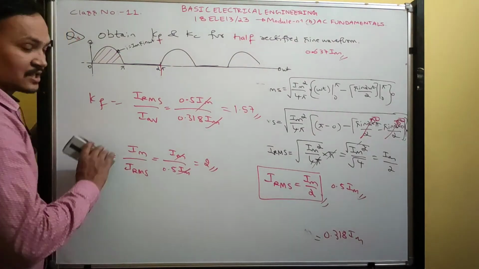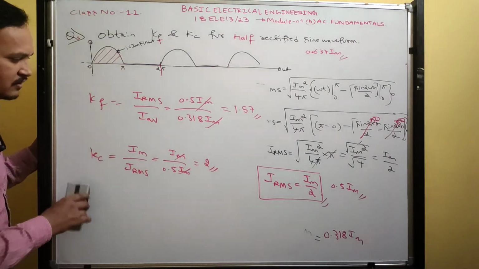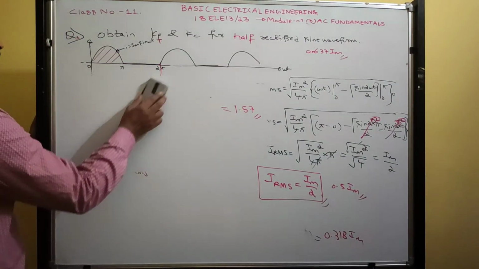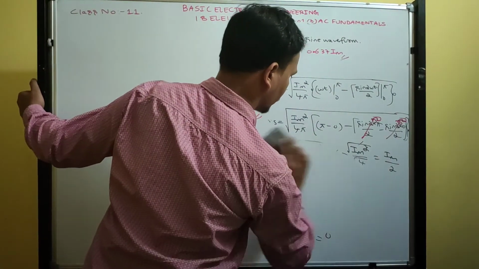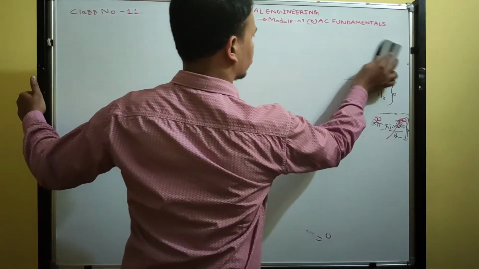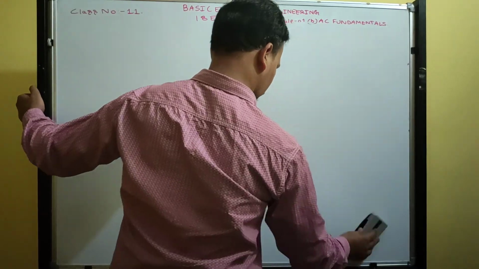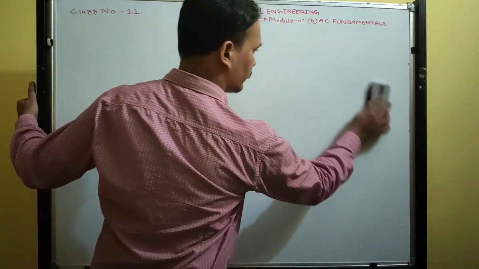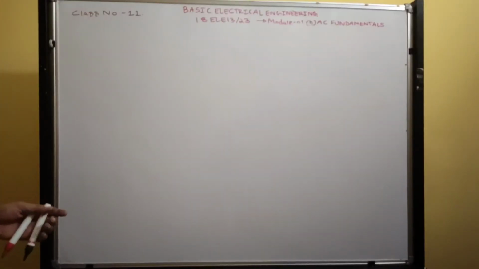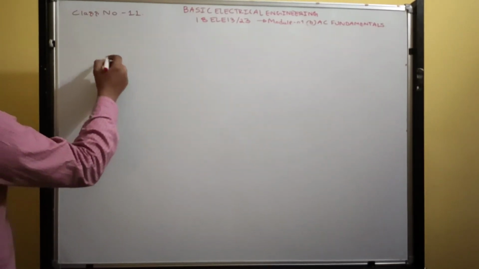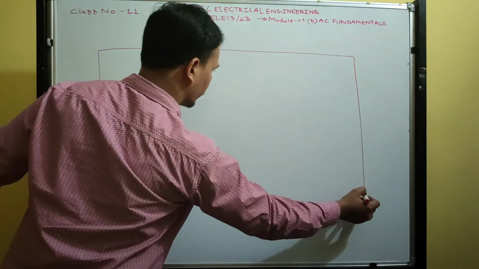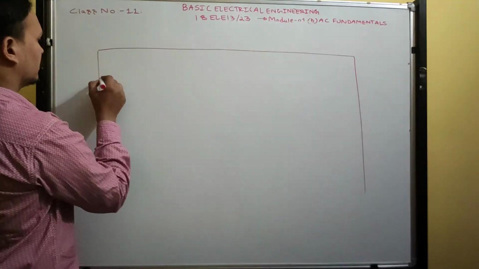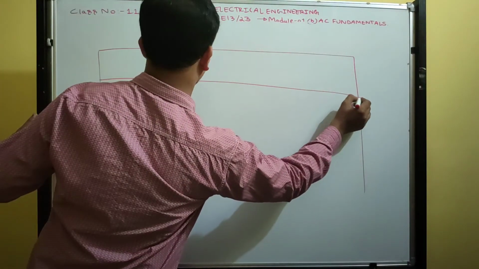Okay, next we can summarize all this. Whatever we learned, we can summarize once. Okay guys, look here. You can remember this table. This table is very important for viva.